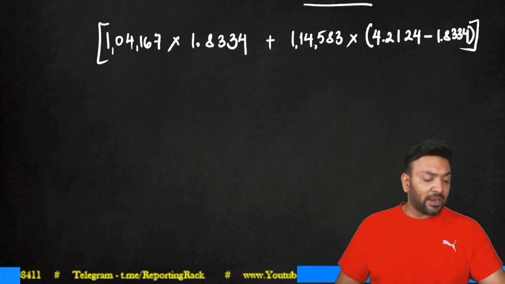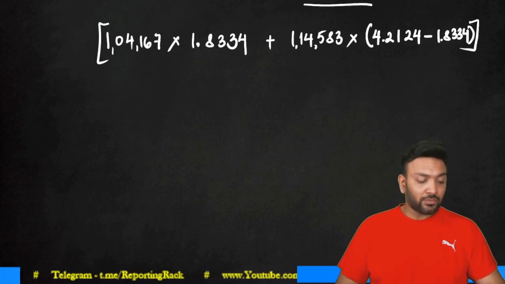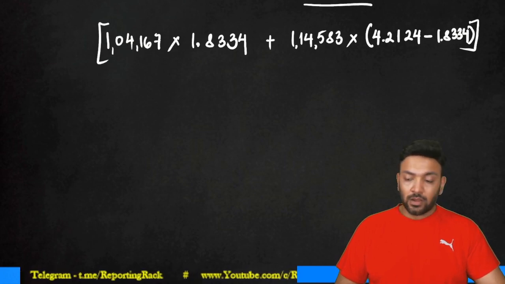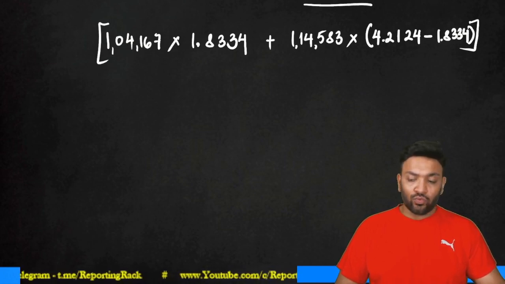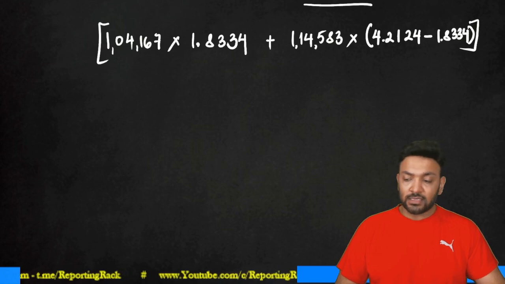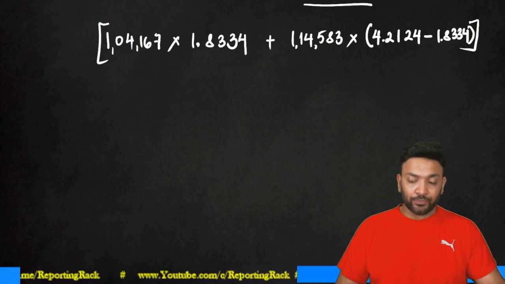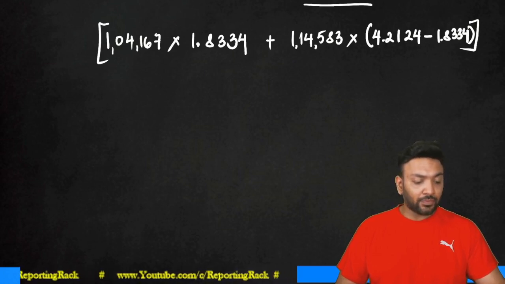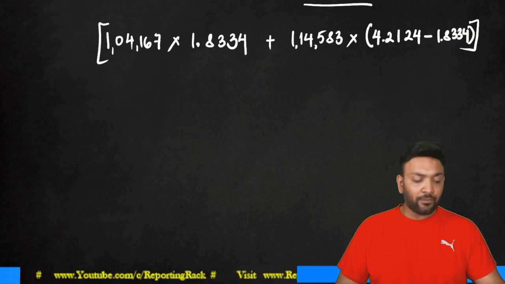This answer would have been, how much is this answer? 4.2124 minus 1.8334, multiplied by 1,14,583.